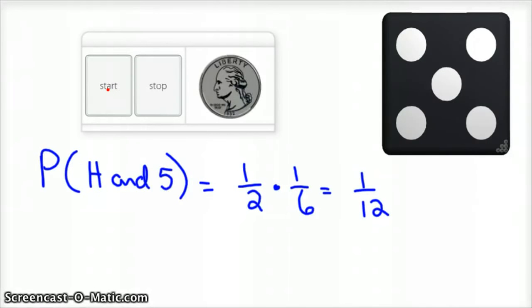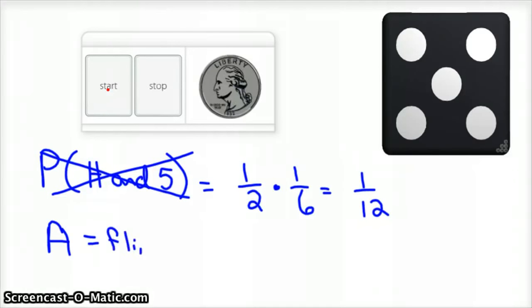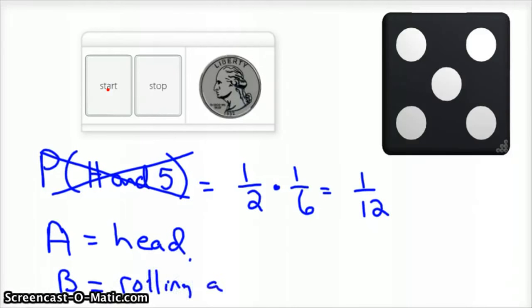And so I guess if you were going to do this nicely, you would define your events. So A would be flipping a head, or getting a head, and B is rolling a 5 on a dice.